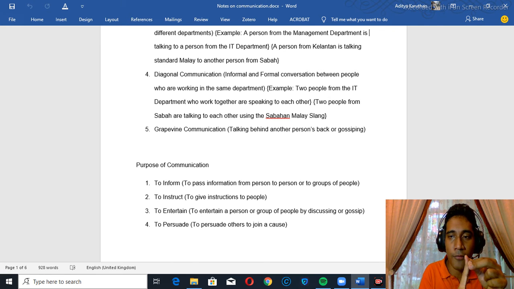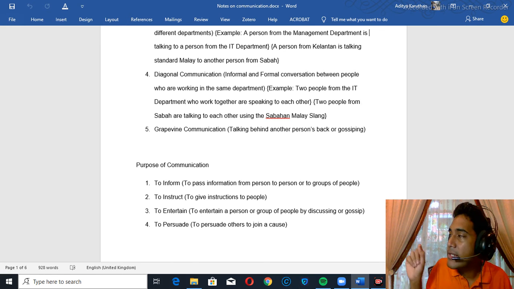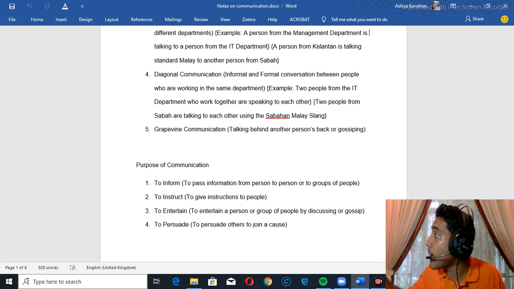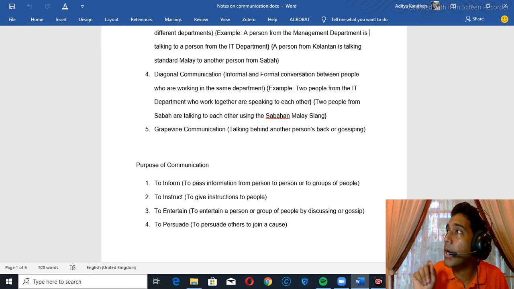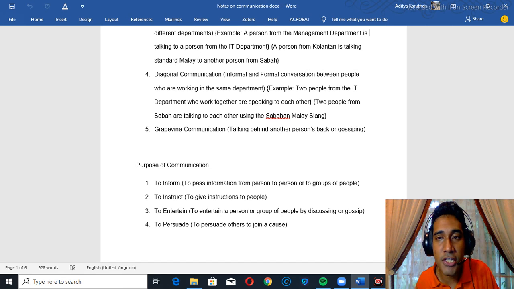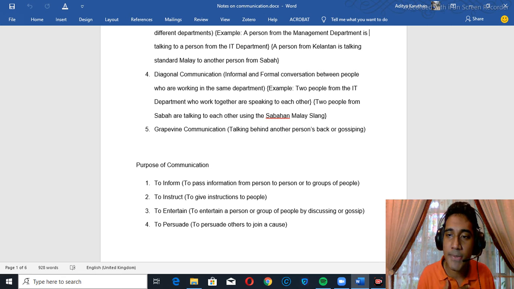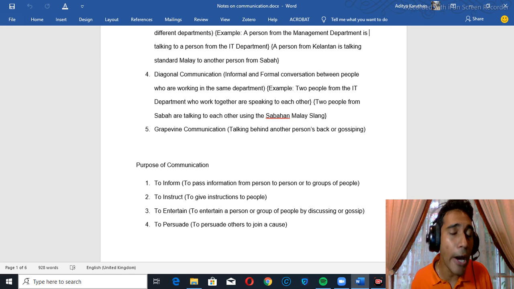Number 1, to inform, to pass important message to someone. I would like to inform you that our company will not have electricity for the next 2 hours starting from 10 a.m. Number 2, to instruct, give instruction. For example, I just bought a bike from Shopee and my father is telling me how to fix the bike.